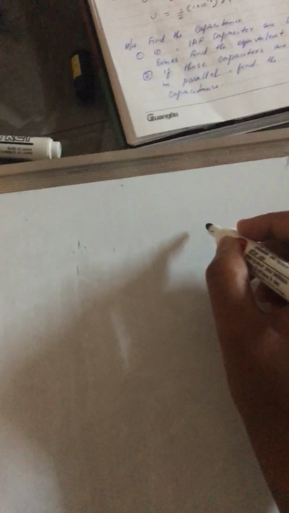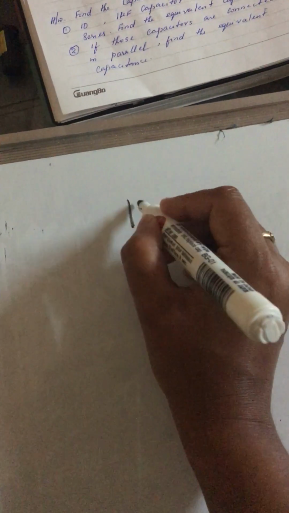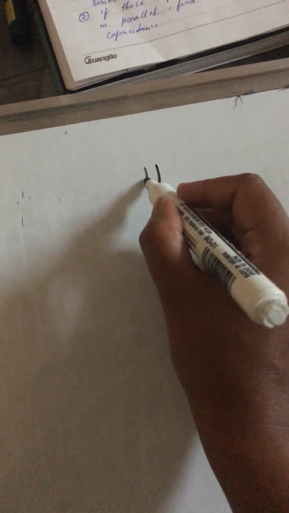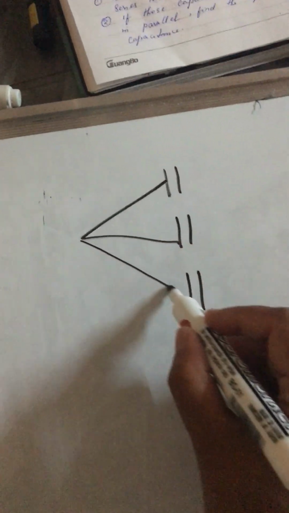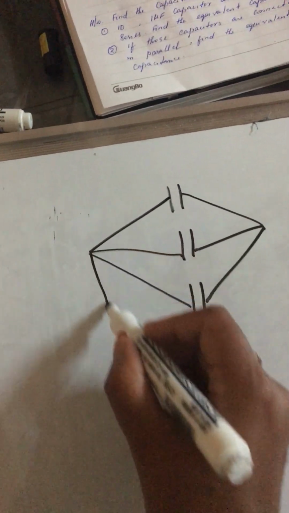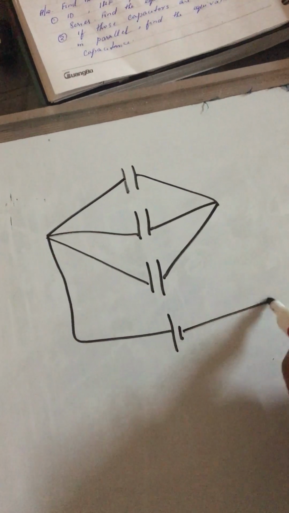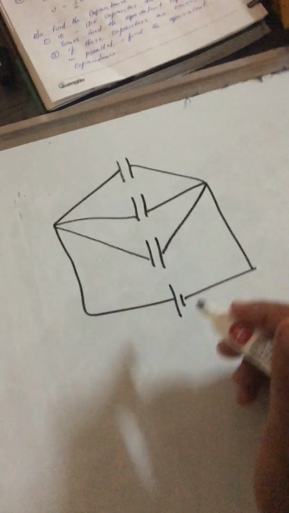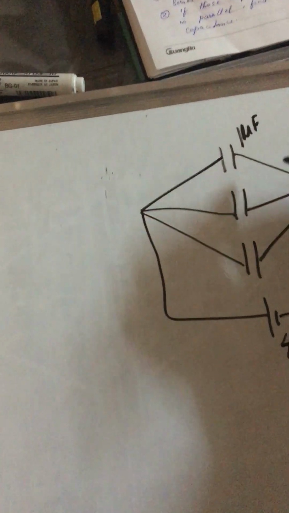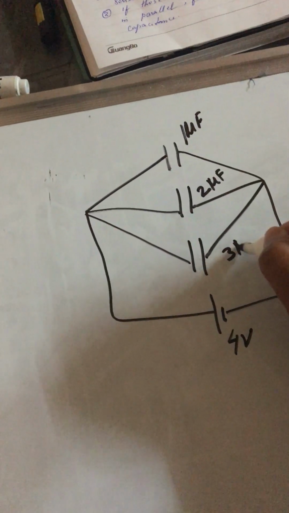Here in the notebook, there are 3 parallelly connected capacitors, connected to a 4 volt source. One is 1 microfarad, another is 2 microfarad, and another is 3 microfarad.